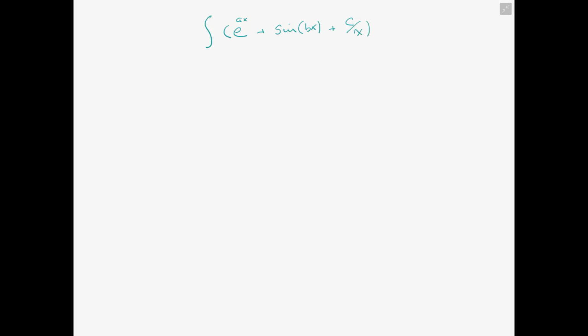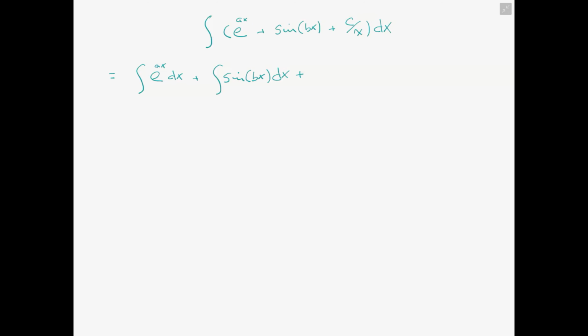So we have the integral of e to the ax plus sine of bx plus c on x dx. Well, we can break that up into three different integrations.